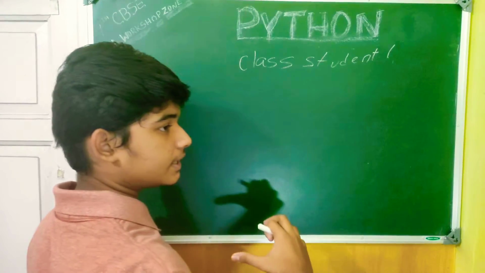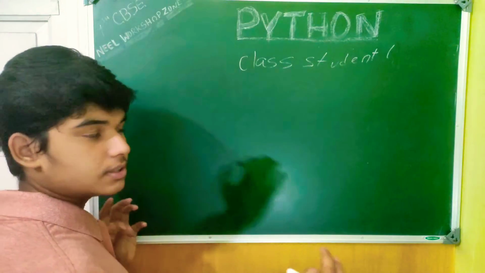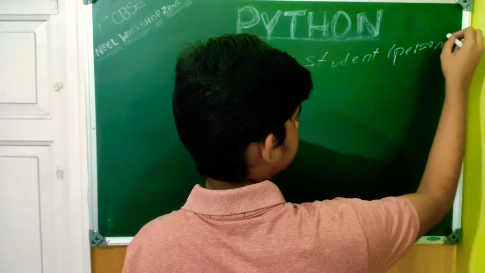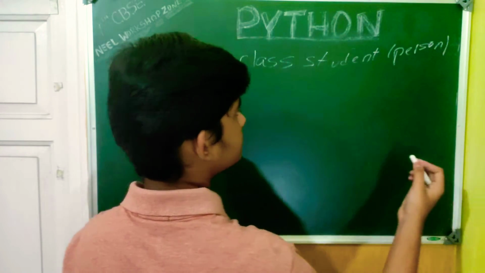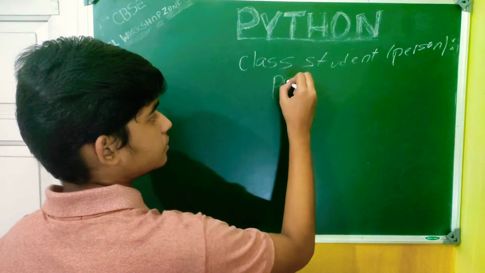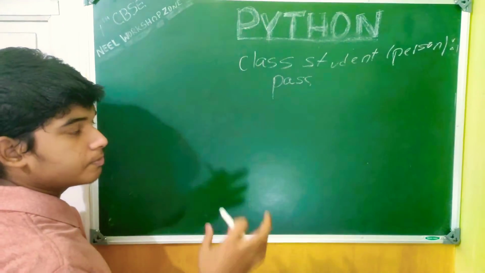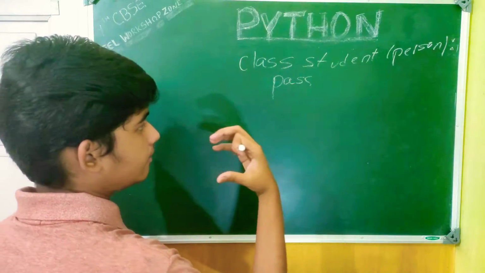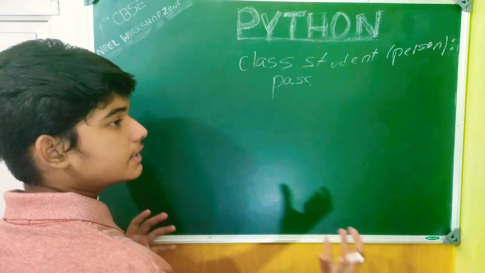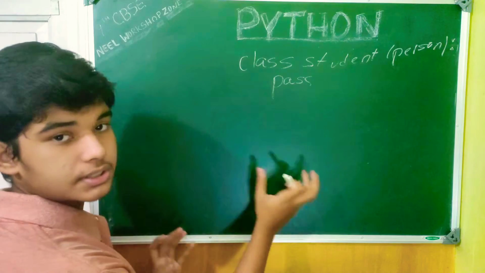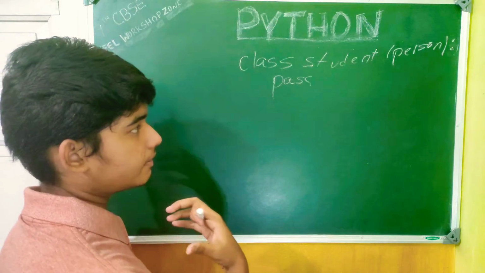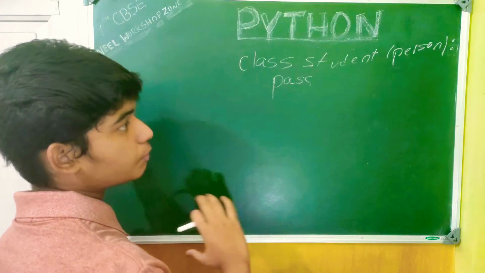For example, imagine the name of the parent class is person. So you can write person over here. And you can also use the statement pass to basically inherit the properties of the parent class. You have to use the word pass. So that is how you can inherit a parent class into a child class and how a child class is written.